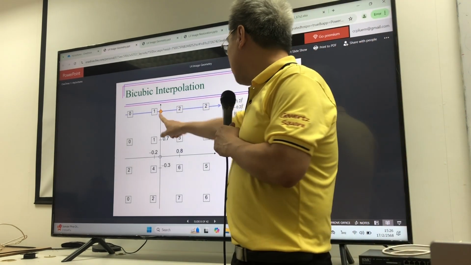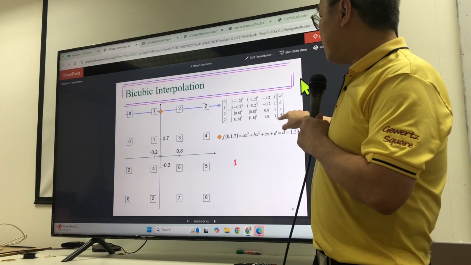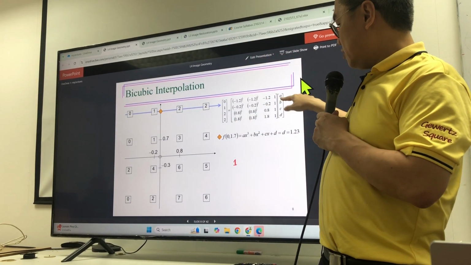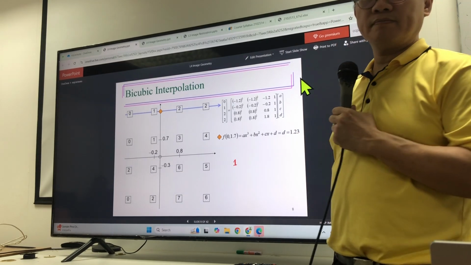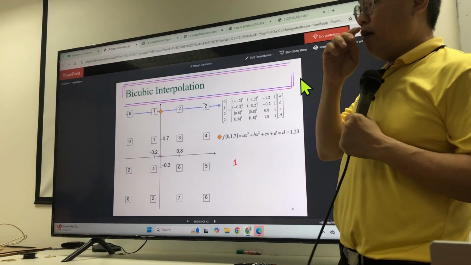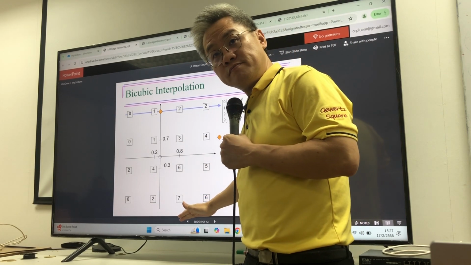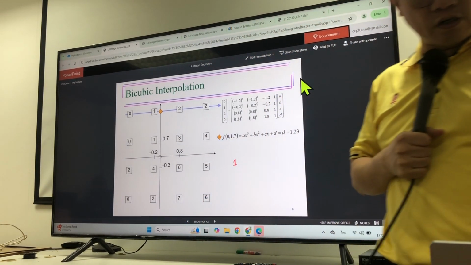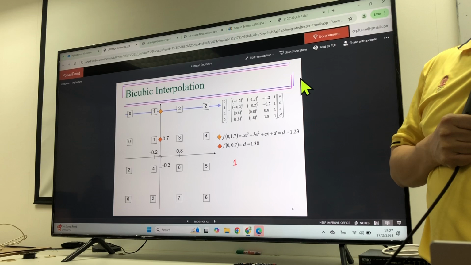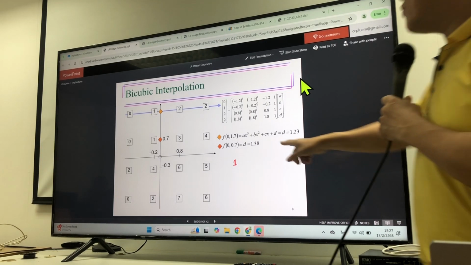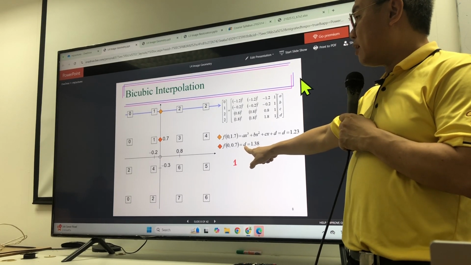These values come from solving for d from this equation. So you get 1.23. And then you repeat for 4 terms. Solve for d again.